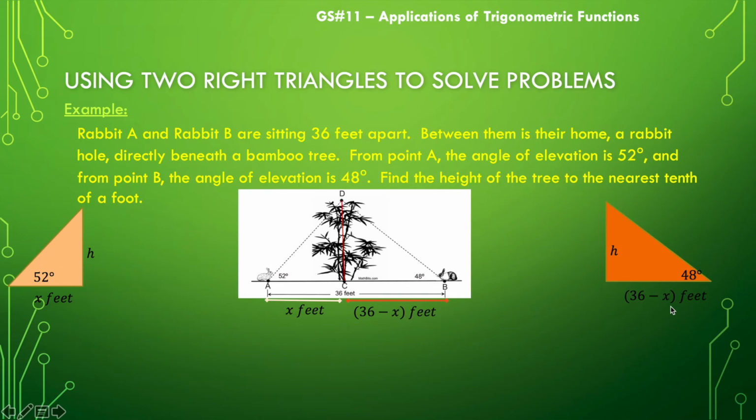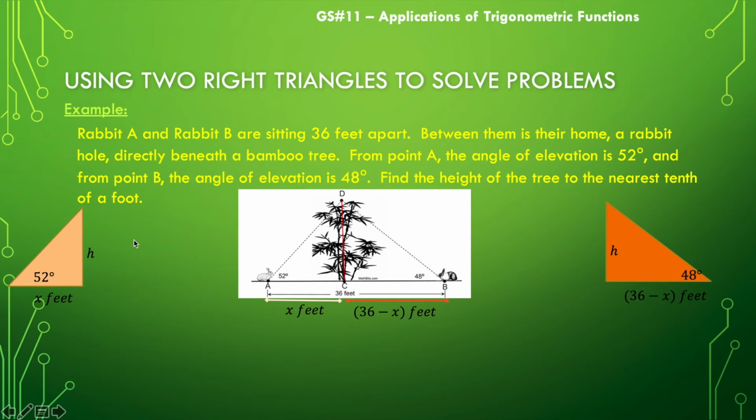So with what we're given, the obvious trig function that we would use would be tangent, right? Because we have an angle measure and we've got stuff labeled on the opposite and the adjacent sides of each of those triangles. So let's go ahead and see what we can do with tangent here.